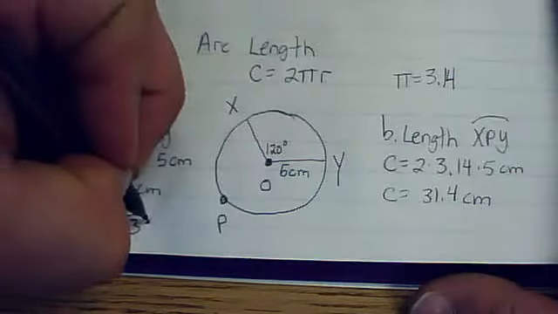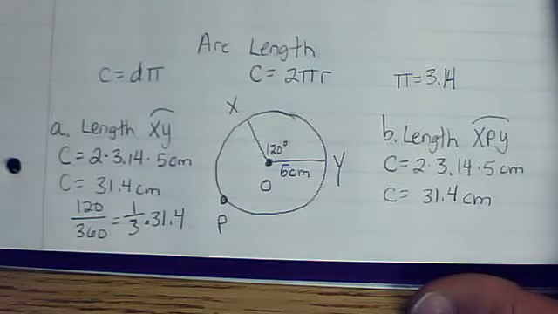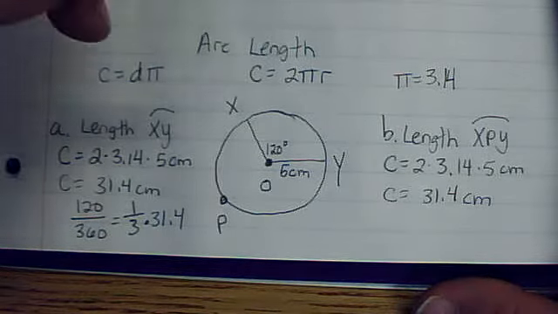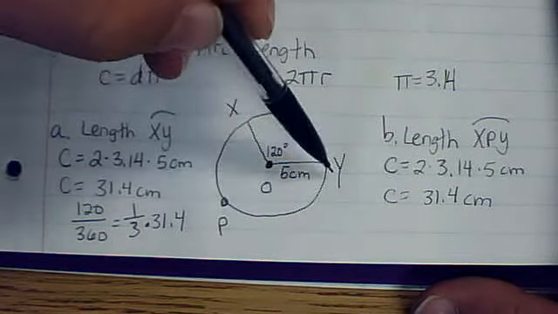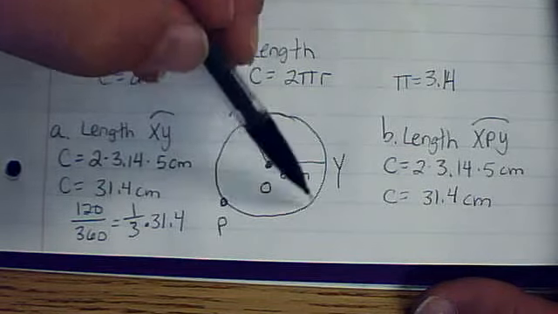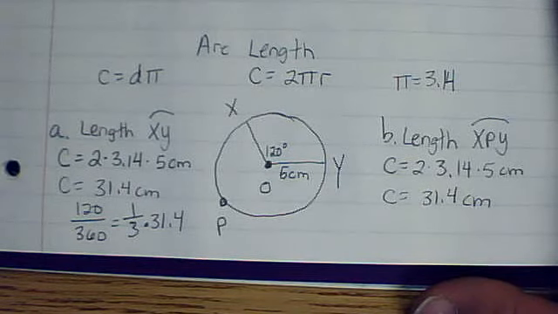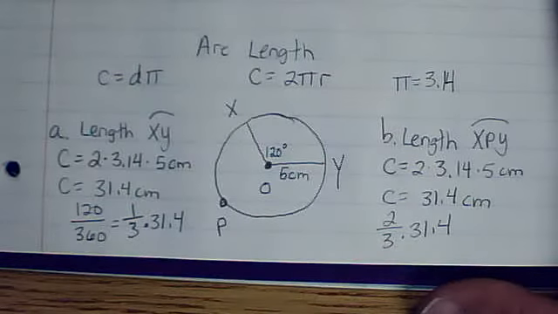So that gets multiplied by 31.4. On the other hand, if XY takes up 1/3, what is the fraction of the circle that's taken up by XPY? 2/3, right? So I'd go through and multiply that 2/3 by 31.4 to find the other arc length.